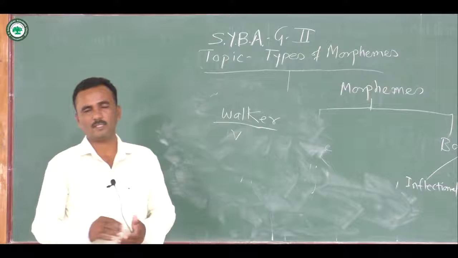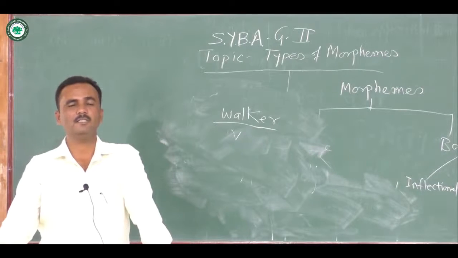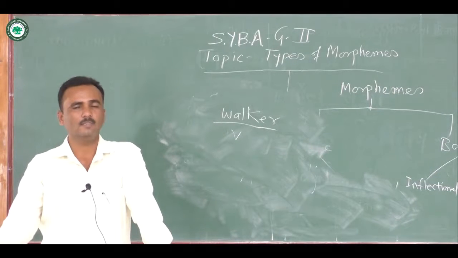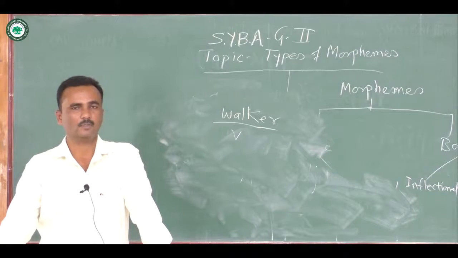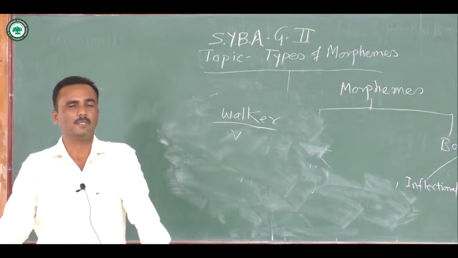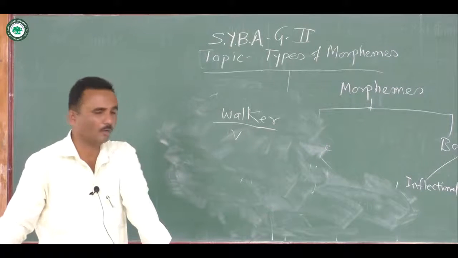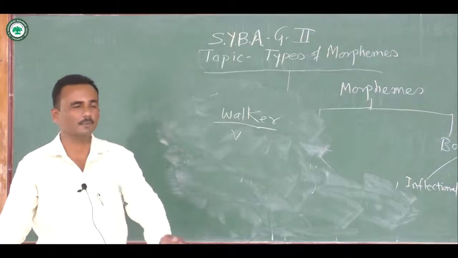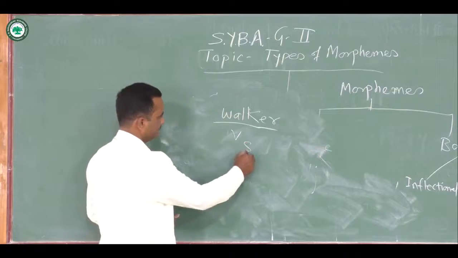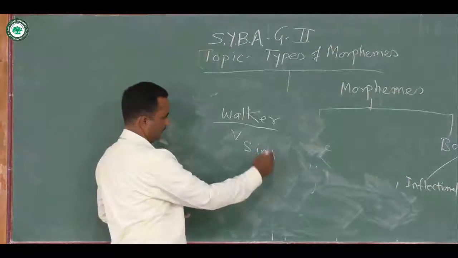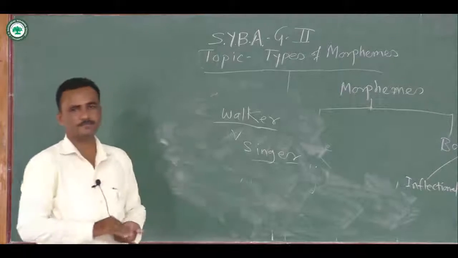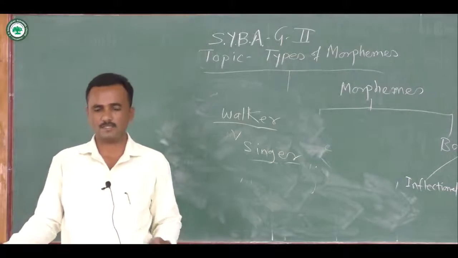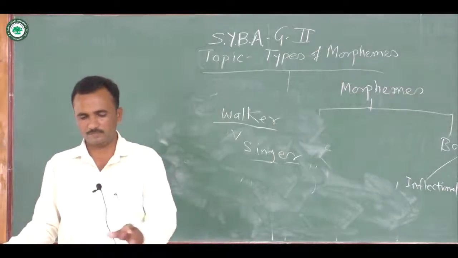So a derivational morpheme is the type of morpheme which changes the class, which changes the grammatical function or the category of the word. So it can change verb to noun or noun to adjective. Now look at the word sing. It can become singer. Such morphemes are called derivational morphemes.